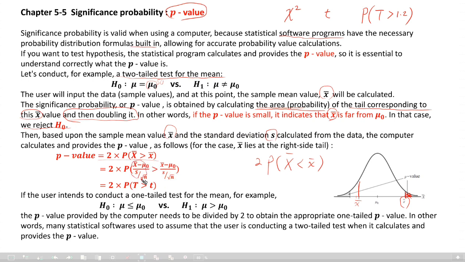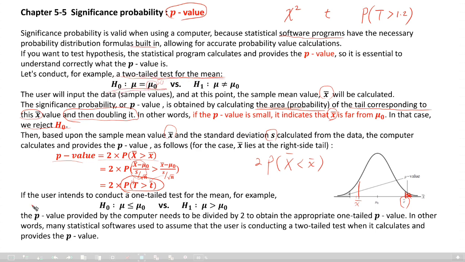Then this will be a t random variable, and this is the calculated t value. So the computer program has the t distribution built in. So calculate this probability times 2. That is the p-value when you do a two-tail test for the mean like this, okay?